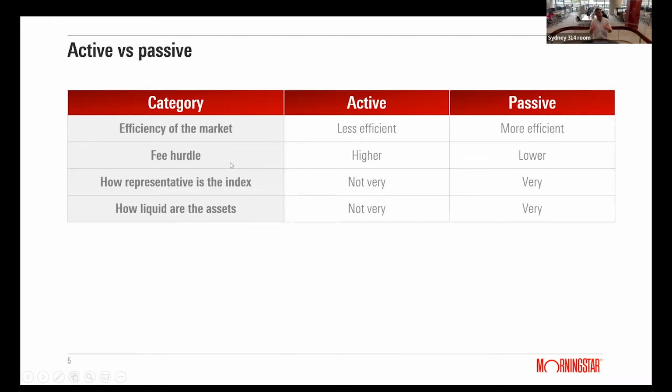So once again, when we are talking about beating a benchmark, we of course want to do that after fees are taken out. So active management costs more than passive management. Now, this was much more pronounced back in Vanguard and Bogle's early days.